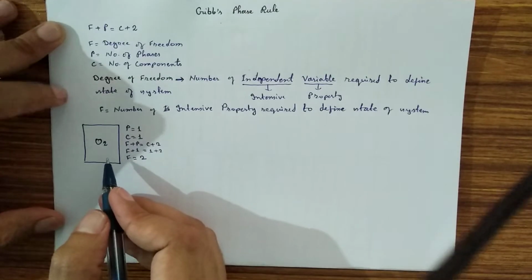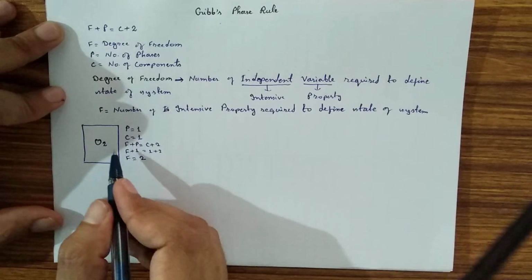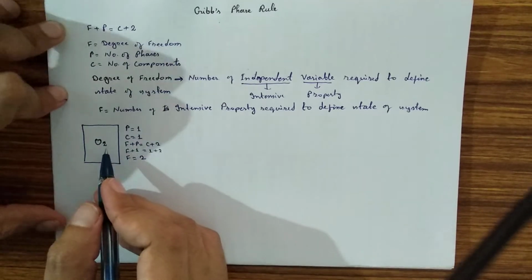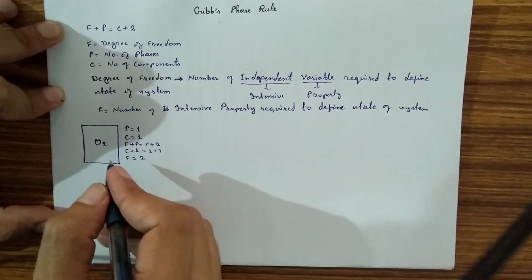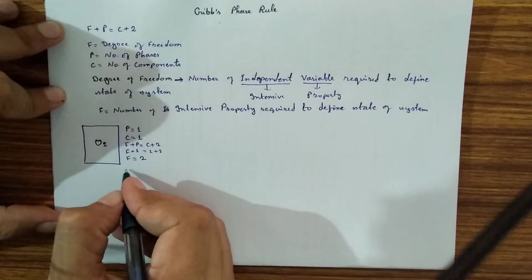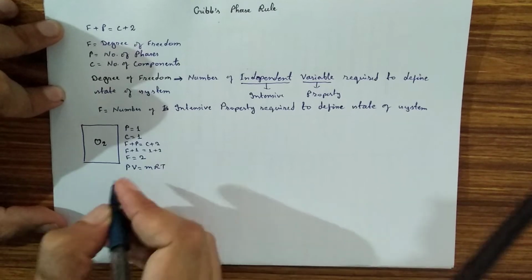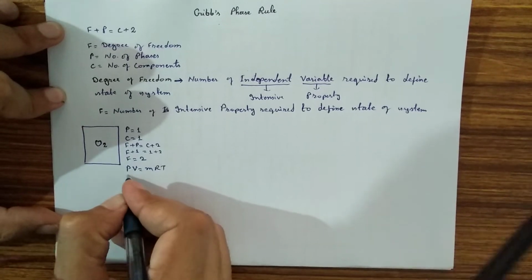So here the minimum independent variables required to define the state of the system is 2, because degree of freedom is here 2. We can understand it easily by PV equals mRT.